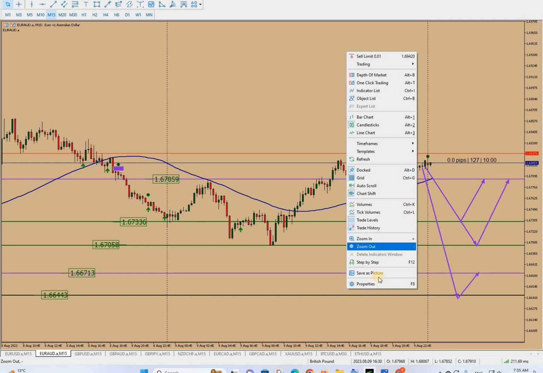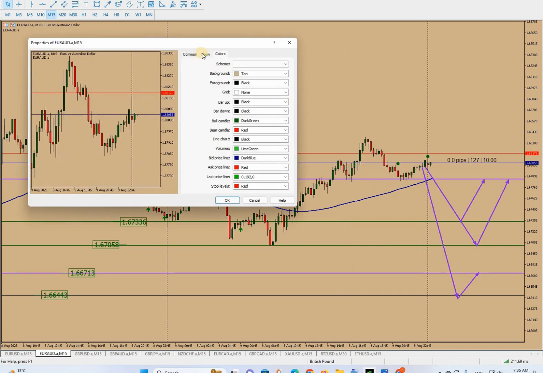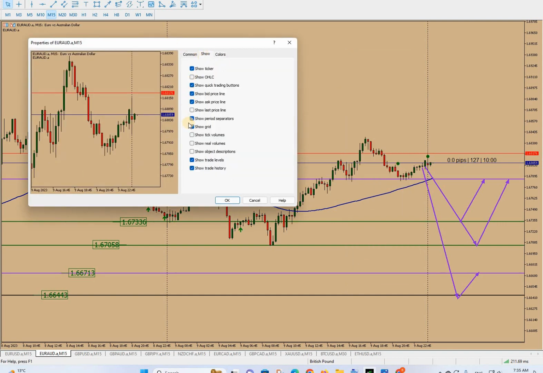You might not know what the ask price and bid price are. If you go to properties, if you go to show, it says bid price and ask price. If you untick this, these two lines would disappear. I just did that for you. The lines disappeared.